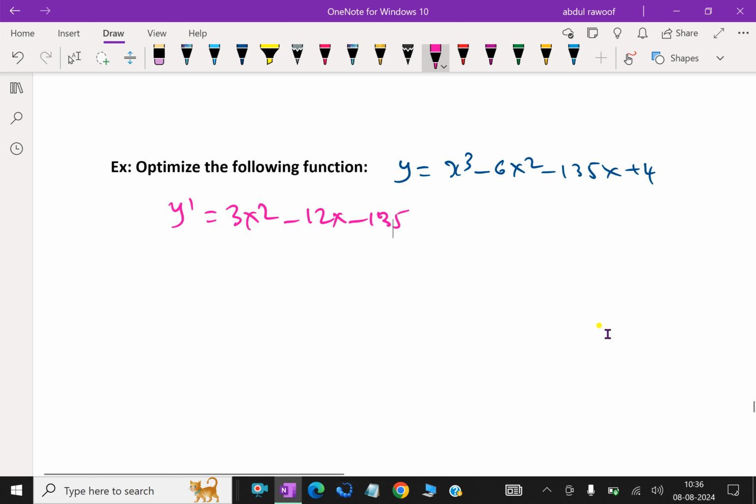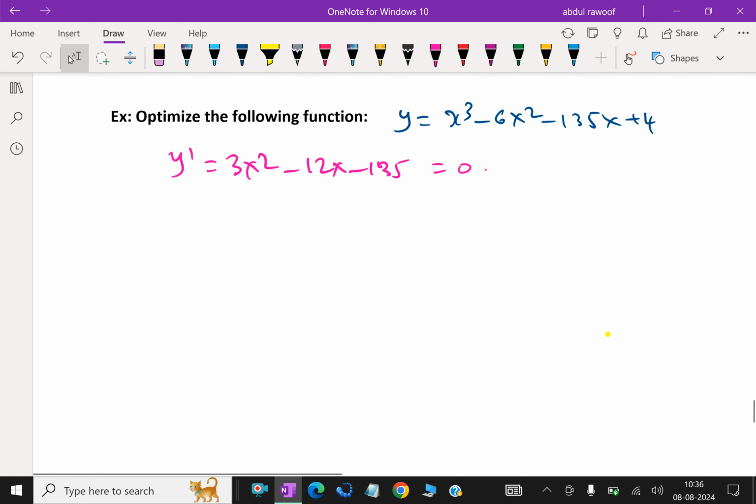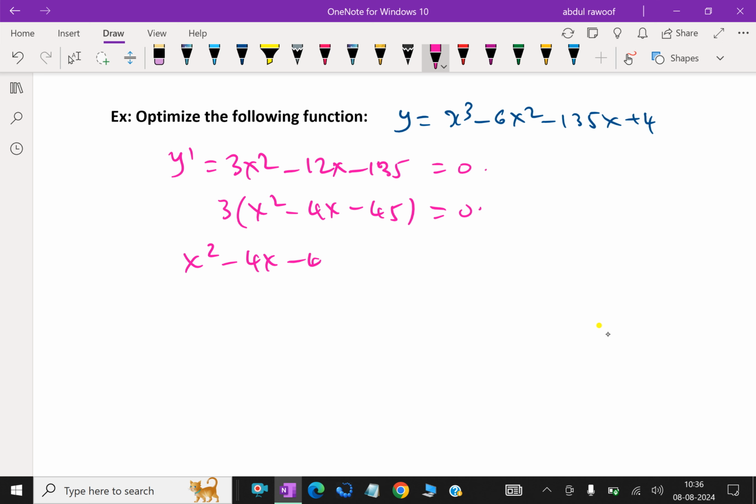Equating y dash to 0 to find the critical values. So take 3 common: x squared minus 4x minus 45, into 3 is 135, equals 0. Therefore, the quadratic function x squared minus 4x minus 45 equals 0.